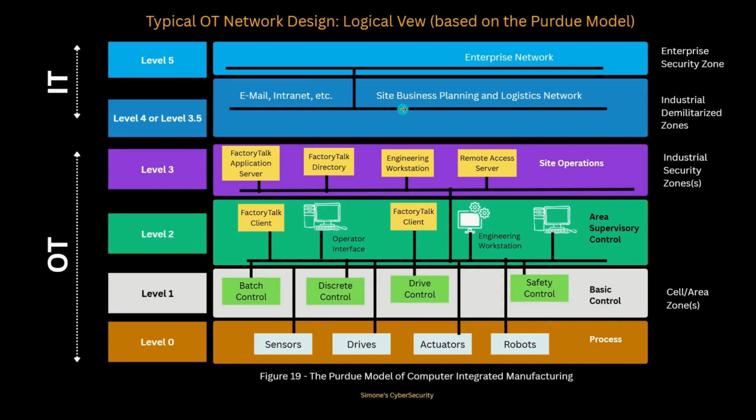So this connects to ERP or planning systems that gather production data from the plant. Then in the middle of this, you will have something called the industrial DMZ, that is the industrial demilitarized zone, at level 3.5. This zone acts as a secure buffer zone between your IT and OT.